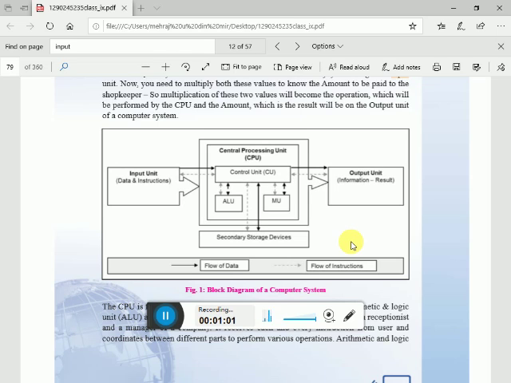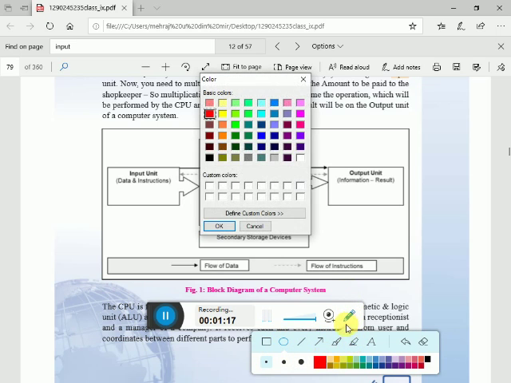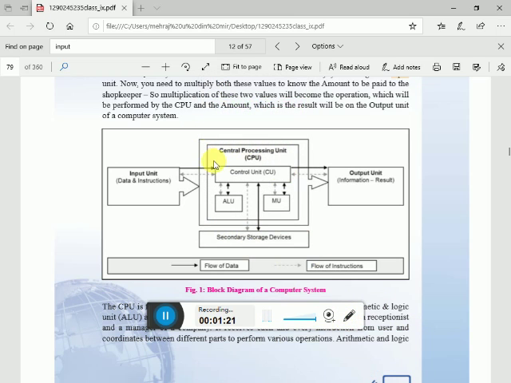But the central processing unit is working with the main three parts which are inside the computer. You can see on the block diagram of a computer, this is the central processing unit. I can show you here. This is the control unit, this is the arithmetic logical unit, and this is the memory unit.